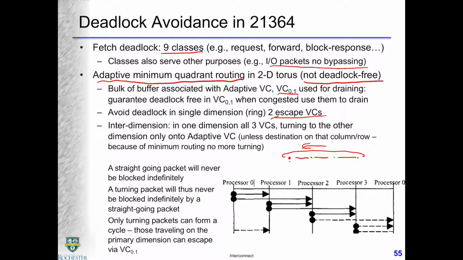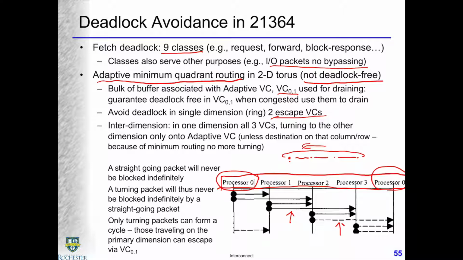This is an example of 4 nodes on one dimension. You see processor 0 being repeated. So this is just unrolling the whole loop. Depending on where you want to go, the VCs are allocated this way. You see, there's the dashed ones, and then there's the solid one.